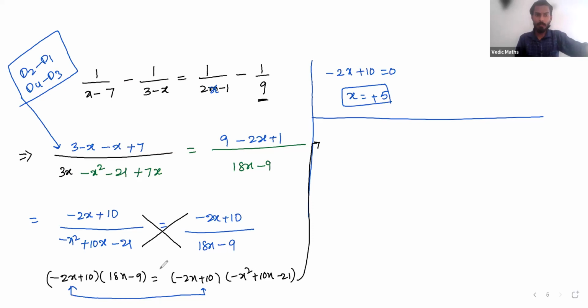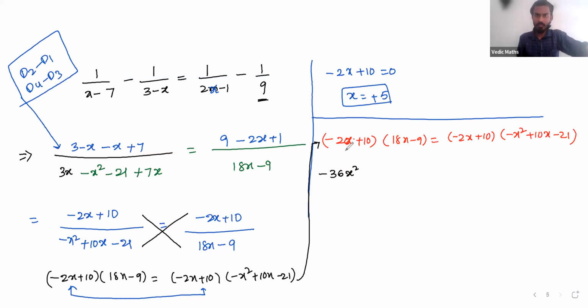So if you multiply, let me write here, that is minus 2x plus 10, 18x minus 9, that is equal to minus 2x plus 10 and minus x square plus 10x minus 20. Okay, if you see now what happened here. First, if you multiply, minus 36x square we are getting.